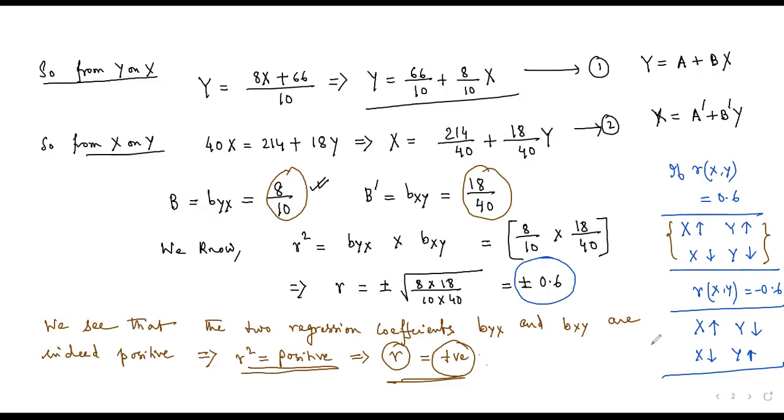I suggest you try to solve as many problems as you can from the chapter of correlation and regression, because it has some direct connection with higher engineering studies, and the analysis is not very easy. It's kind of a complicated analysis.